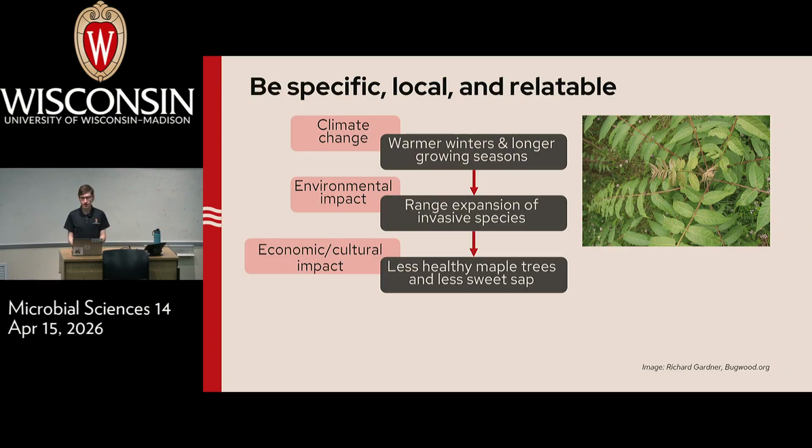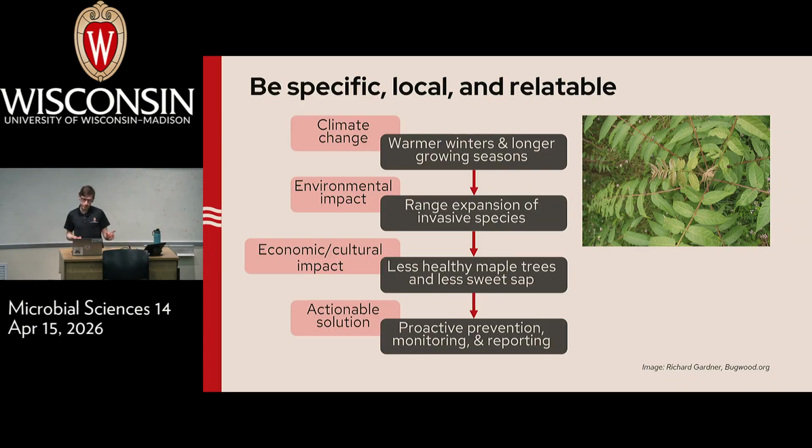The economic cultural impact that is most relevant for maple syrup producers is that this can make the maple trees less healthy and produce less sweet sap. And so the actionable solution is proactive prevention, monitoring, and reporting of invasive species. So here, when I'm thinking about framing this message, I'm not framing climate change, I'm framing warmer winters and longer growing seasons, and I'm connecting that to the action that I want people to take.